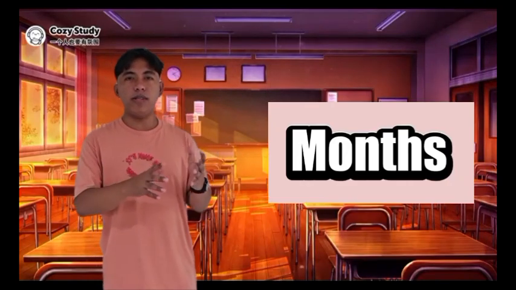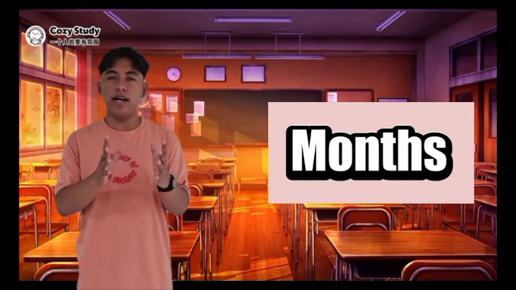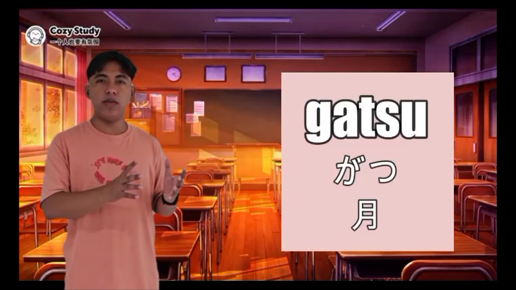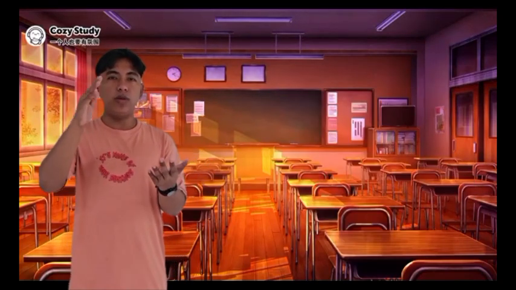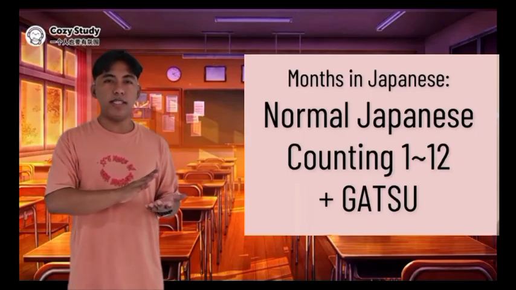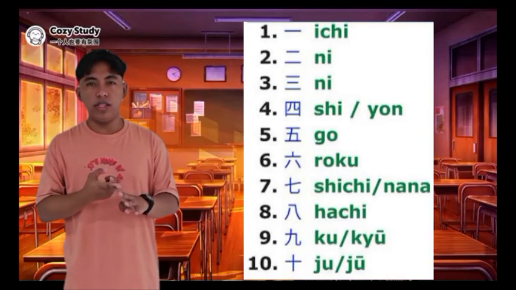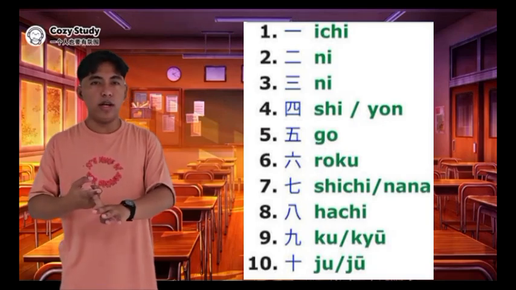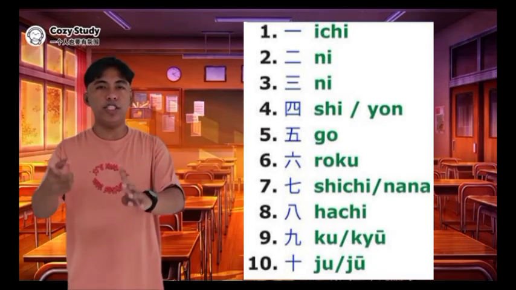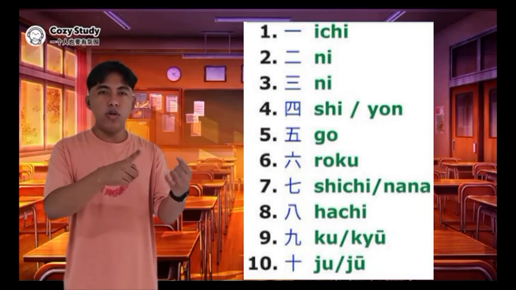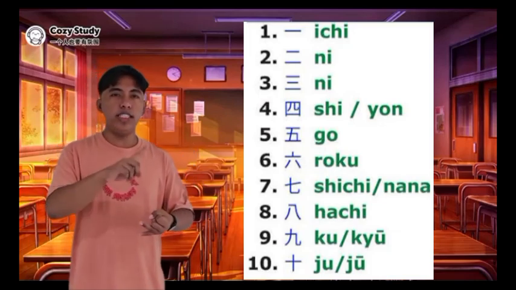Now we're talking about the months. We're going to use the suffix gatsu and you just follow the counting 1, 2, 3, or ichi, ni, san in Japanese. So ichi, ni, san, shi or yon. We're going to use shi, go, roku, nana or shichi.